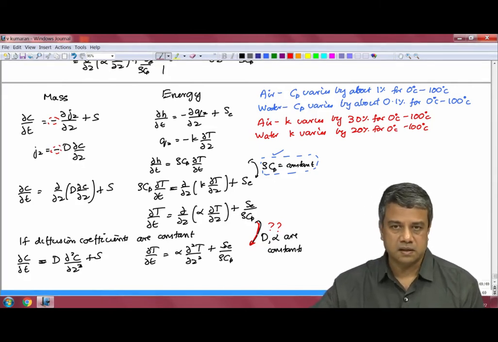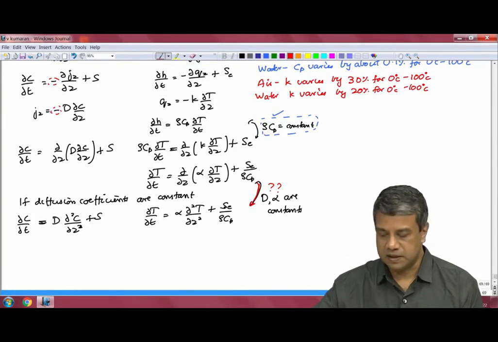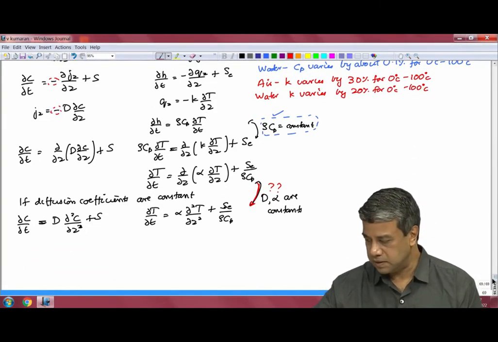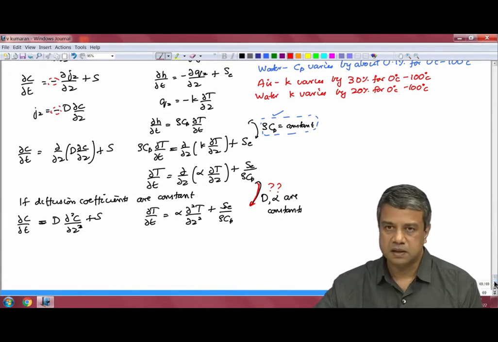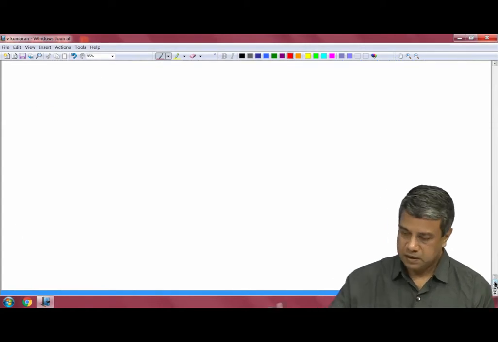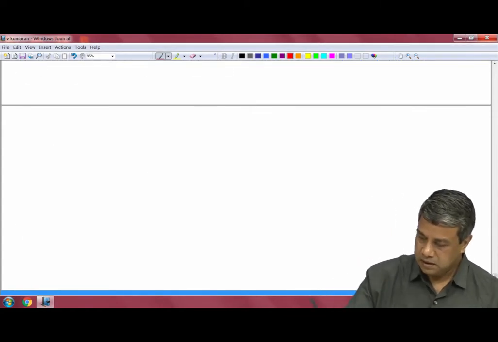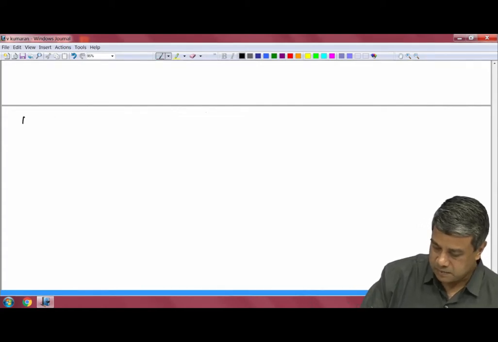For gases, the temperature variation has to be much smaller than the absolute temperature. For liquids, the temperature variation has to be sufficiently small that the conductivity or the mass diffusivity does not change very much. So those are the diffusion equations for mass and energy. Finally, I will come to momentum.